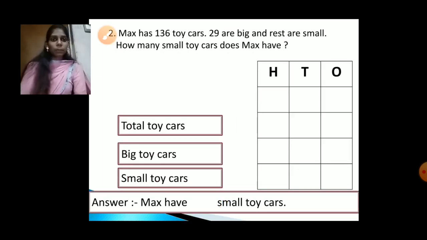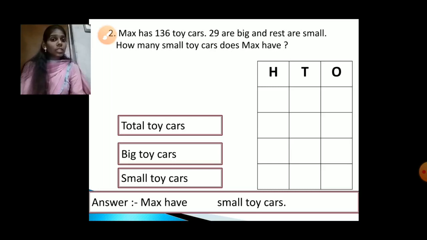Now next, read the sum. Read the problem. Max has 136 toy cars. How many toy cars are there? 136. 29 are big. In all toy cars, 29 are big cars and rest are small. Okay?